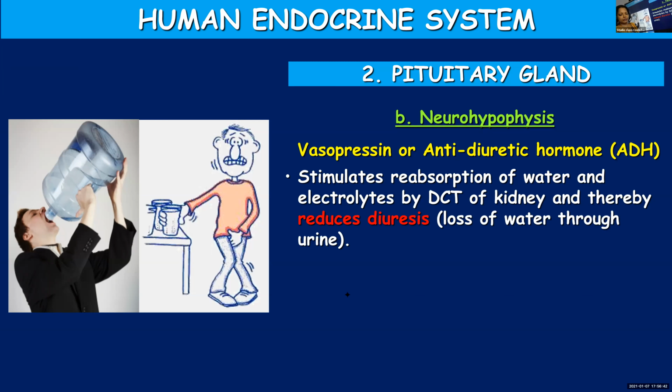When so much water is lost, that condition you call diuresis. So it is an anti-diuretic hormone, which will reduce the loss of water through urine. It will promote the reabsorption of water and other electrolytes by the DCT. DCT means distal convoluted tubule.